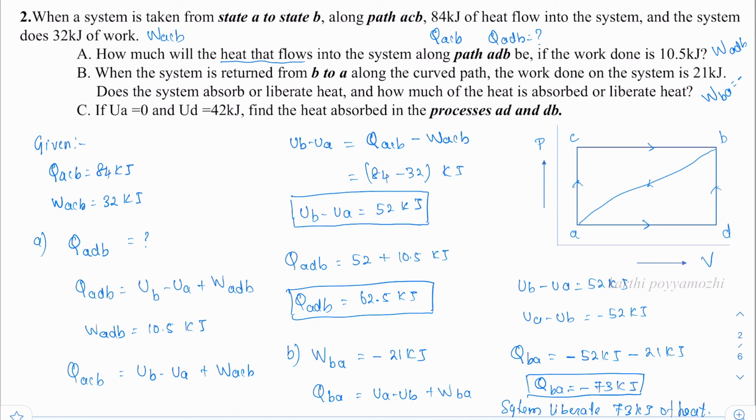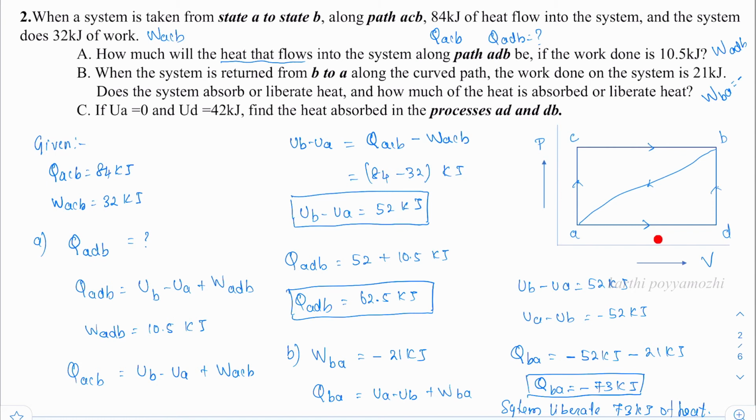Okay, and subdivision C: if UA is equal to 0 and UD is equal to 42 kilojoule, find the heat absorbed in the processes AD and DB.